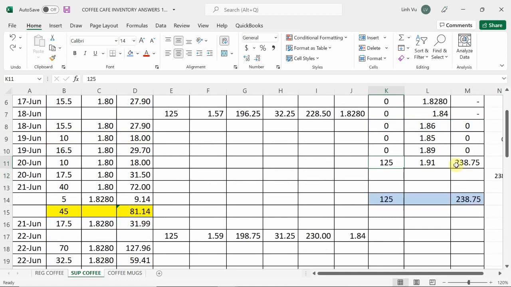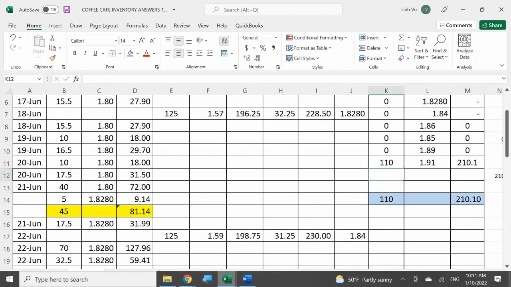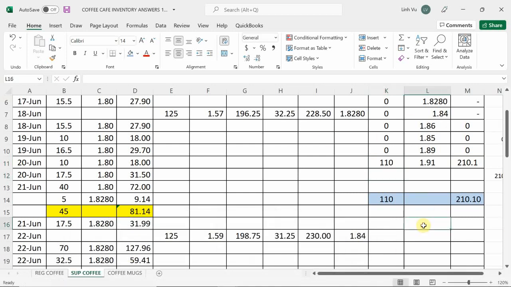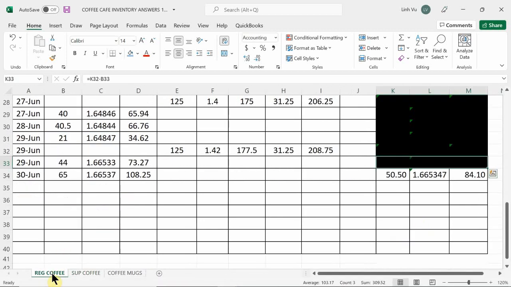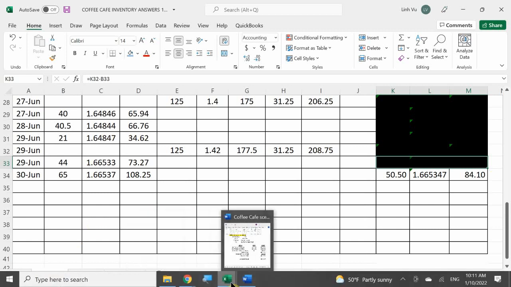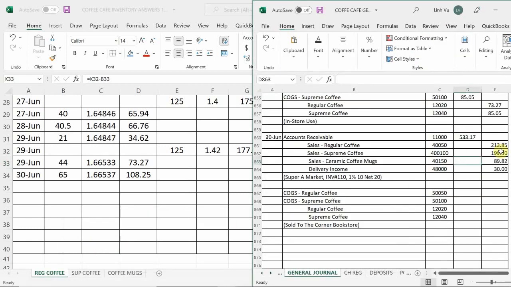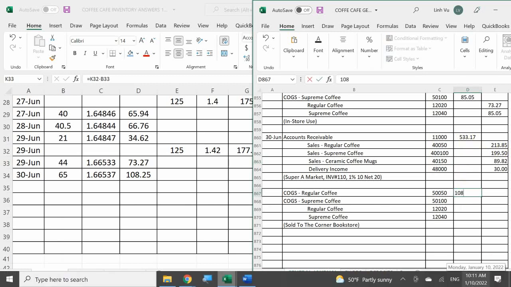Yeah, okay, that's correct. So here we sold a total of 94.80 for Supreme, and we sold 108.25 of regular.